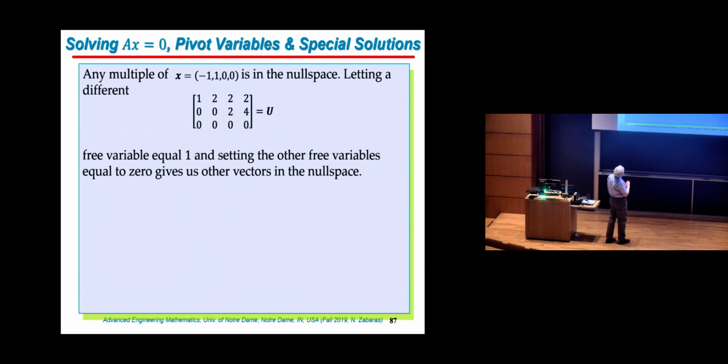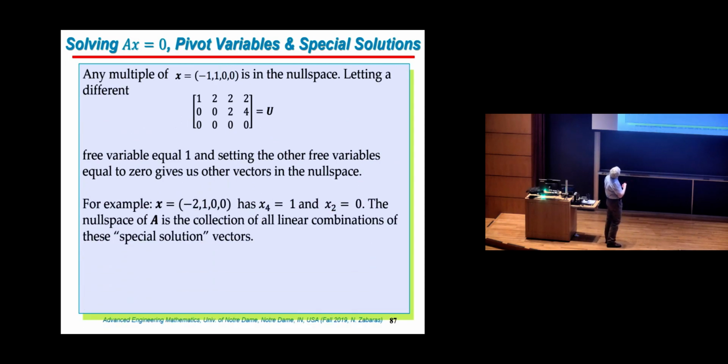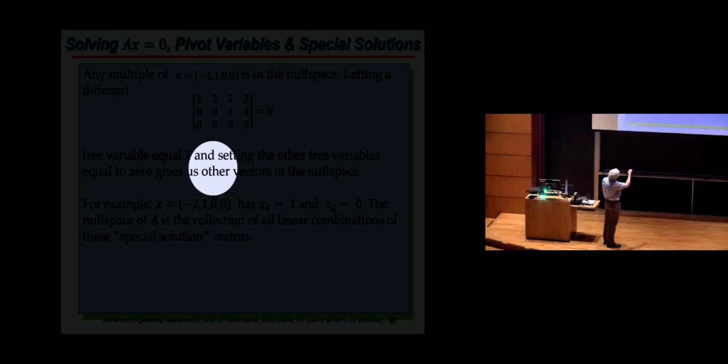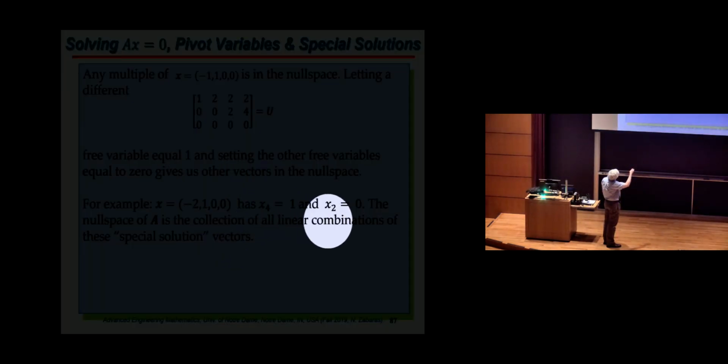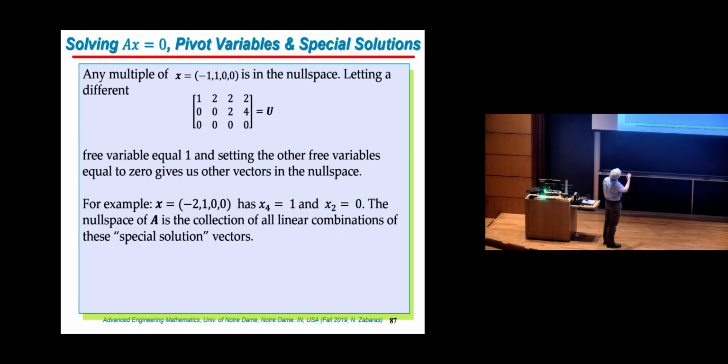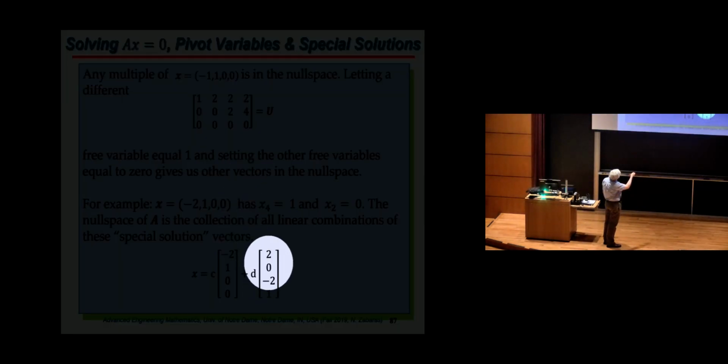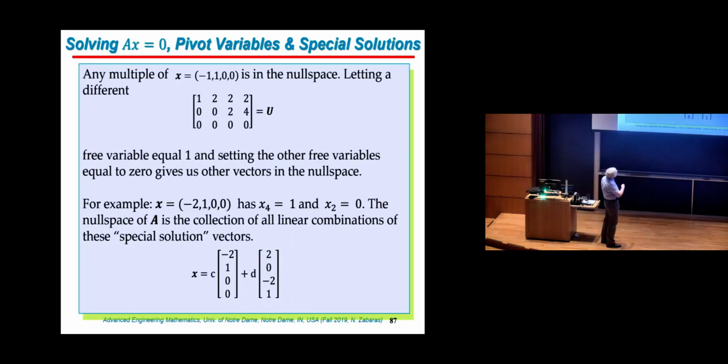And we can do the same thing with setting variable x4 equal to 1, all right, and x2 equal to 0, and solve for x1 and x3. And that gives me another solution that you see here. And these two solutions are basically the basis of the null space. So the null space is the plane that you see up there. It's a combination of those two vectors.